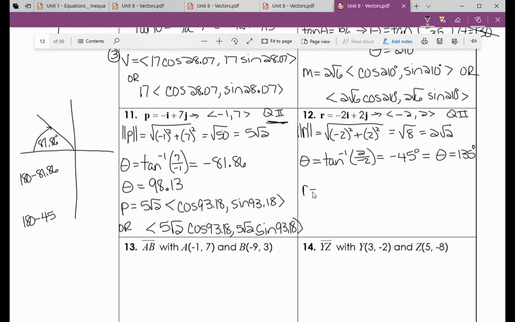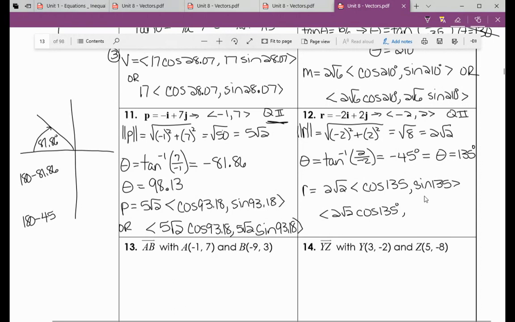And so I can write my trig vector with 2 square roots of 2 on the outside, cosine 135, and sine 135, or you can scalar multiply and put your 2 square roots of 2 inside as your multiplier. I said it and I didn't do it. 2 square roots of 2, sine at 135.